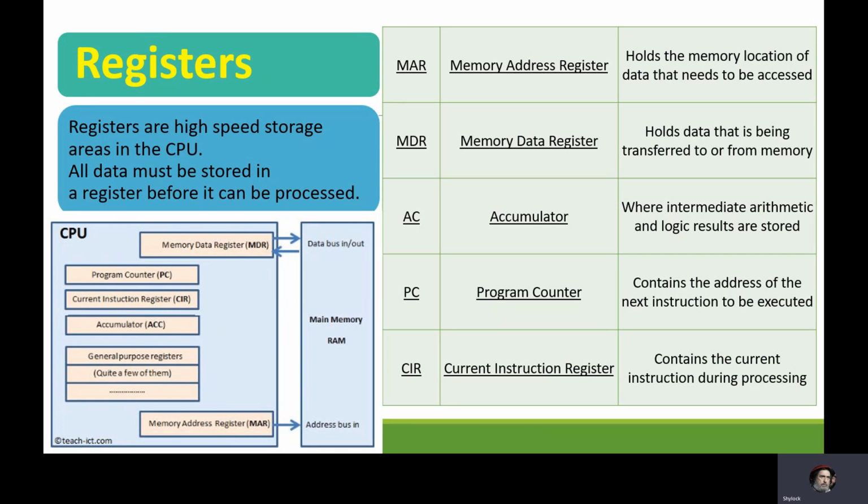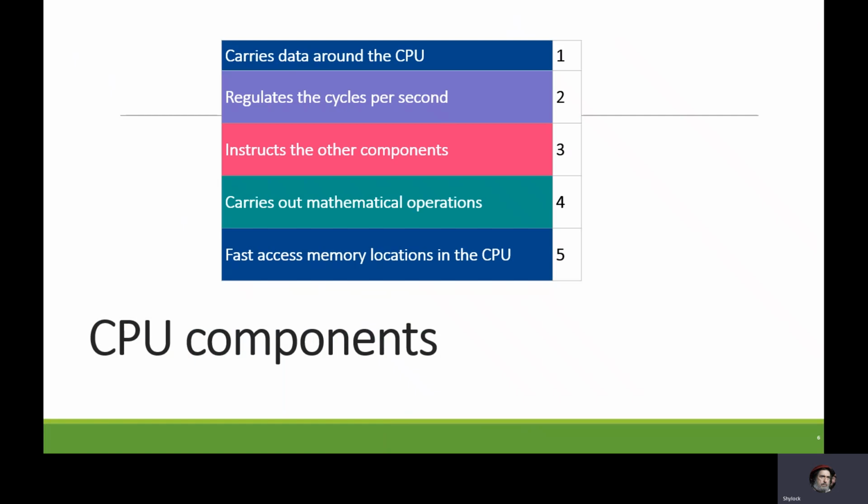The AC or ACC, accumulator, is where intermediate arithmetic and logic results are stored. Now the PC, also known as the program counter, contains the address of the next instruction to be executed. Now the CIR, the current instruction register, contains the current instruction during processing.